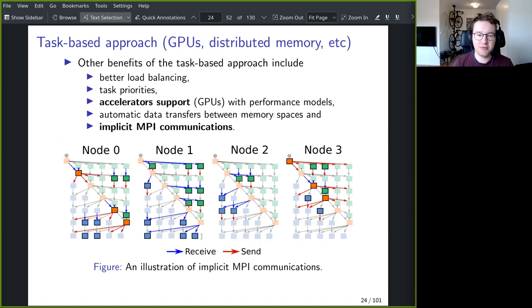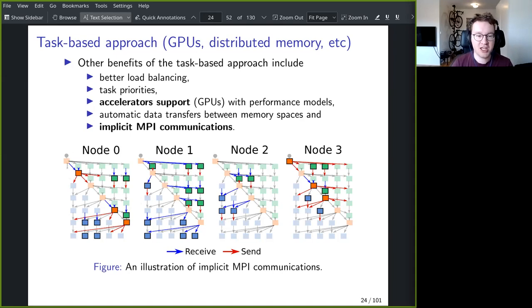In the case of distributed memory, each node will have its own copy of the task graph, and they also know who is supposed to execute a given task. Here I have highlighted the tasks that node number 0 is supposed to execute by using a darker color. Every task also knows where the data is located. Let's say this task here knows that it is going to execute on node number 0, and it knows that it needs the output data from the task before it, and that the data is located in node number 3.